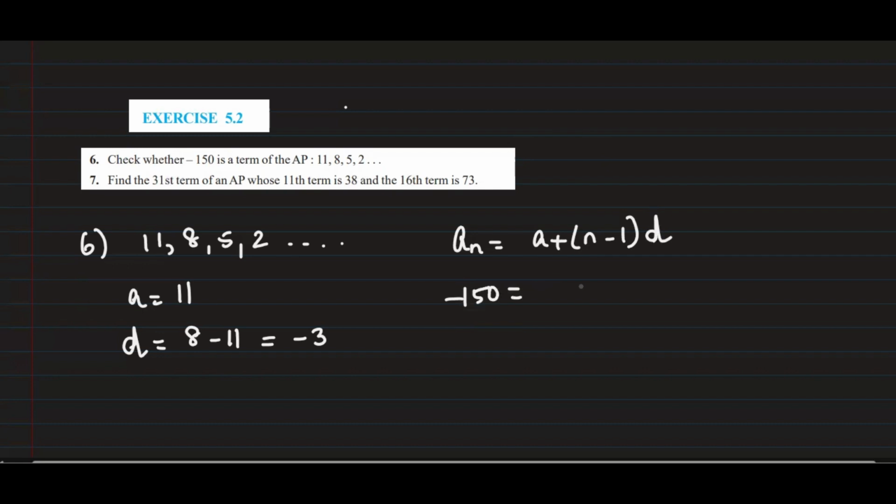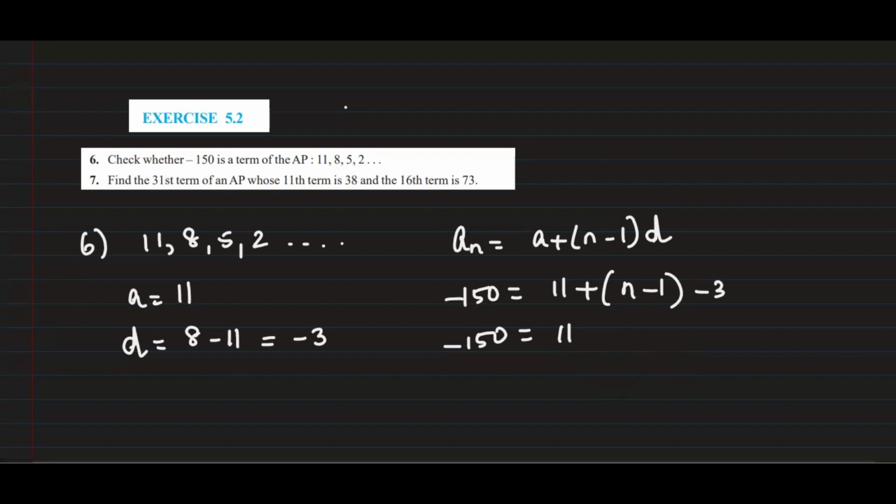So negative 150 is equal to the first term 11 plus (n minus 1) into d, which is negative 3. Remove the brackets, do the distributive property. Minus 3 into n will become minus 3n. Then minus 3 into minus 1 will become positive 3.